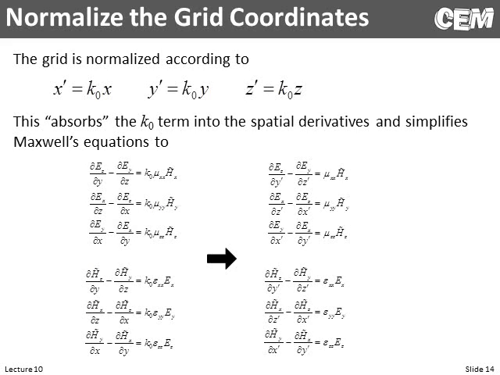So we divide by wavelength and then everything's normalized and does not have units. When we do that, the k0 gets absorbed into those coordinates and it drops from the version of Maxwell's equations that we write. So we have the y prime and z prime and x prime conveying our normalized grid coordinates, but there's no k0 here anymore. So in fact, Maxwell's equations look a little bit simpler.